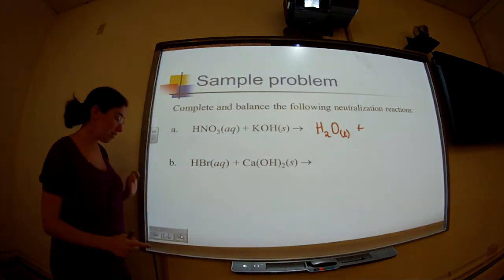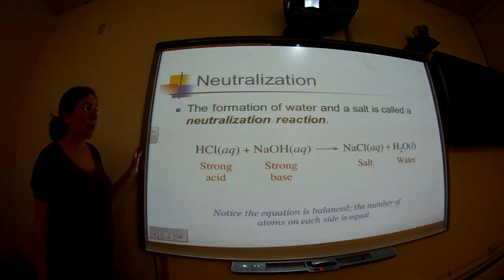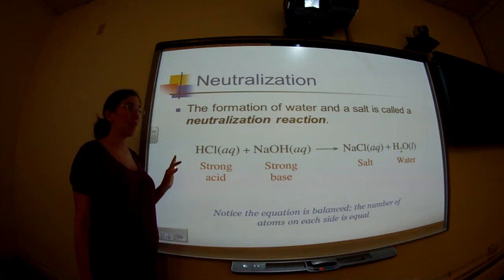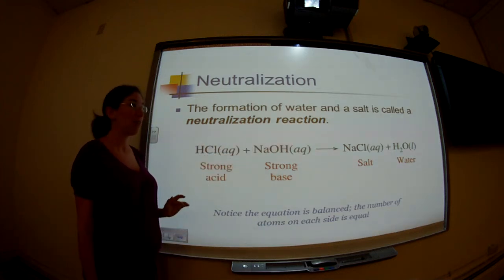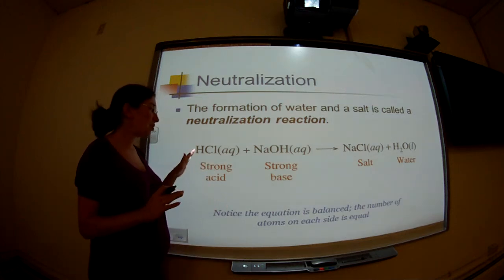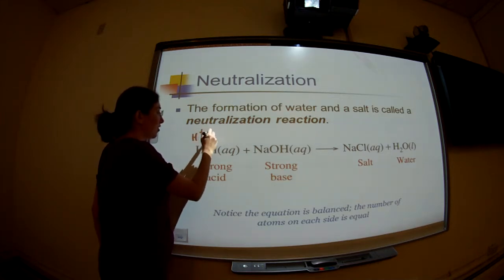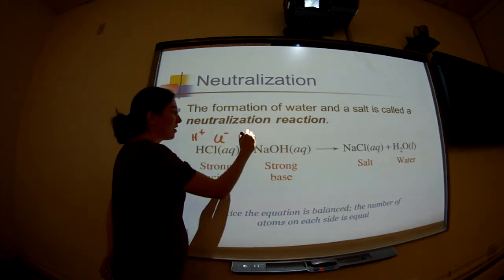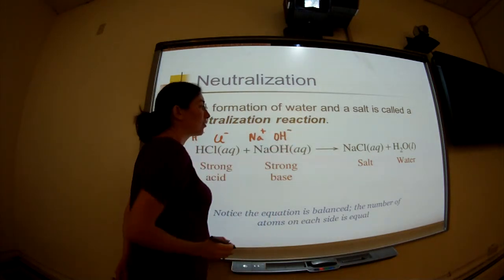So let me just go back and say this one more time. My analogy for solving these equations, figuring out what the product is going to be, is think of each of these as ionic compounds, right? You have HCl and you have NaOH, okay?